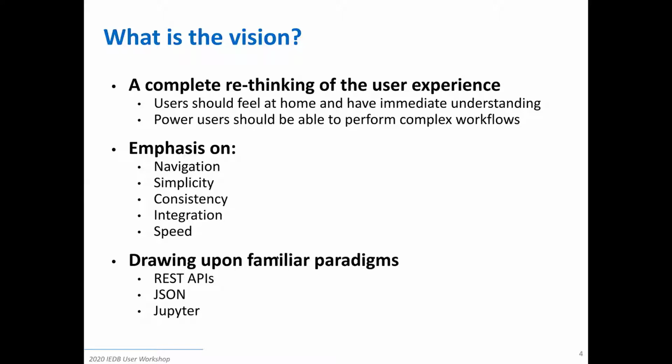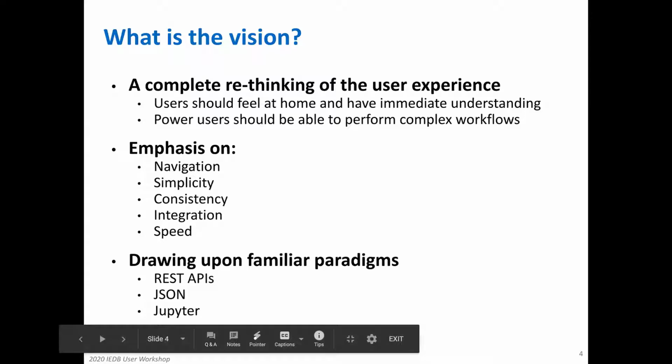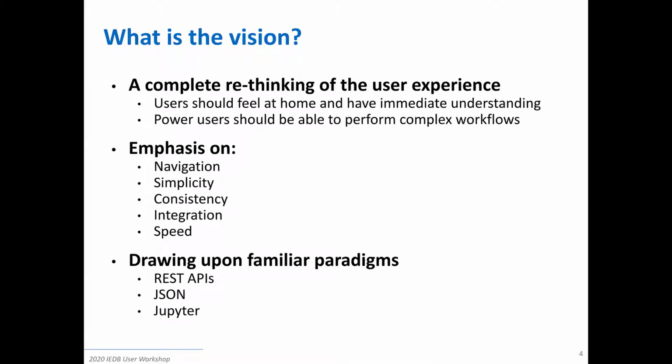We want to do all of this by drawing upon familiar paradigms. So things that we know work, things that are simple, things like REST APIs, using JSON for a data exchange format, and not directly using Jupyter, but drawing inspiration from Jupyter notebooks.